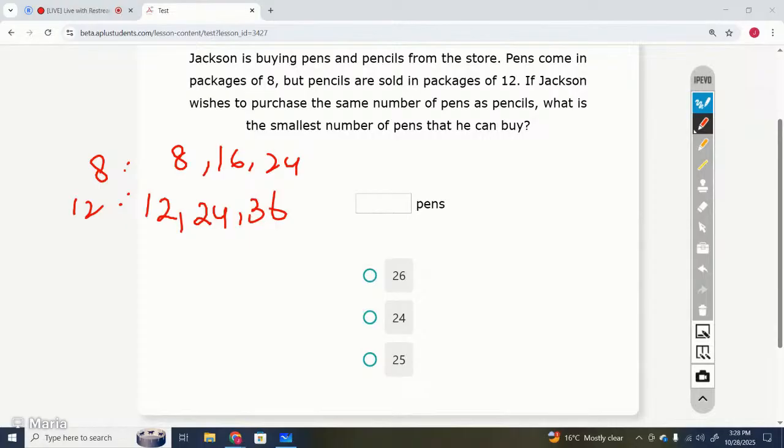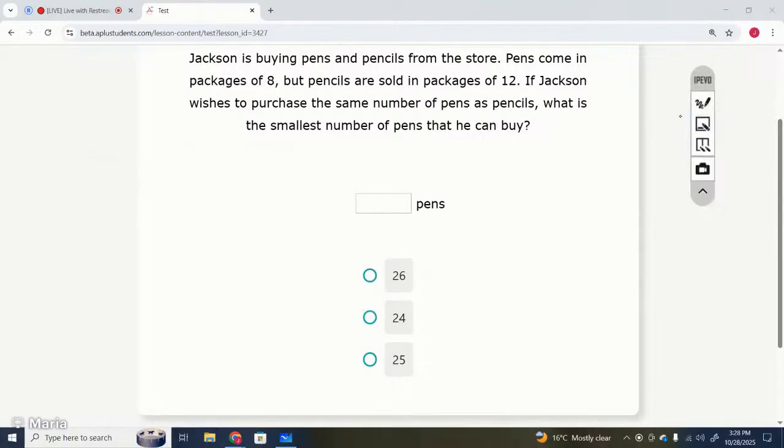So which is the least common multiple? The correct option is 24. Option number 2 is the correct option. 24 it is.